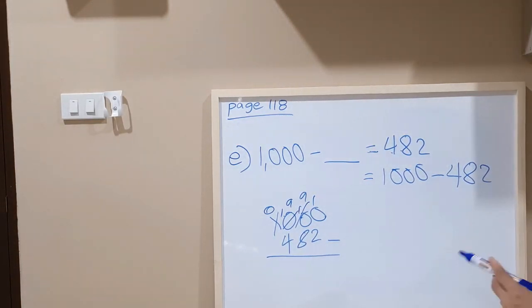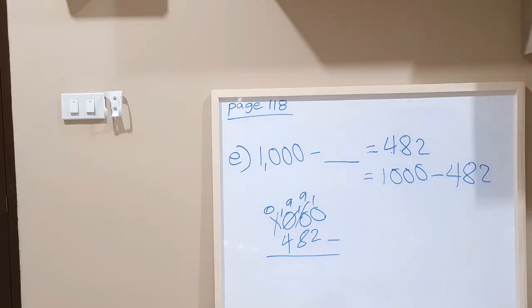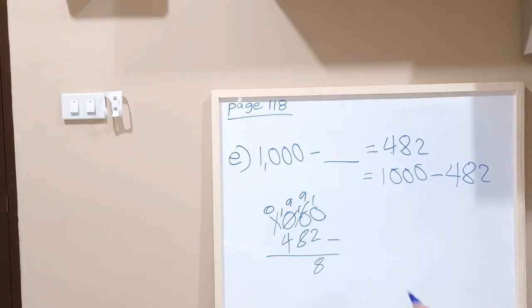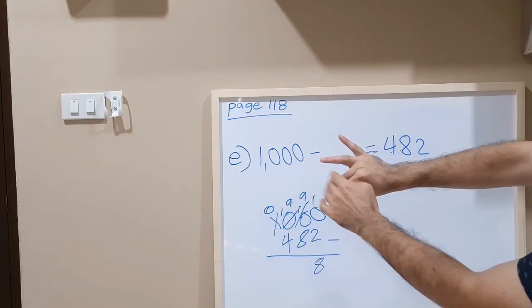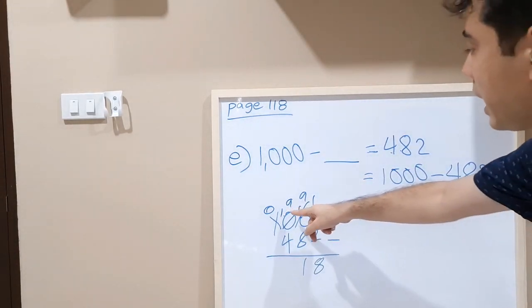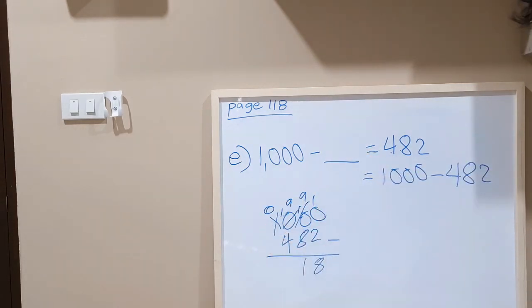Now we can subtract. 10 take away 2 will give you 8. 9 take away 5: 6, 7, 8, will give you 1. And 9 take away 1: 2, 3, 4, will give you 5.